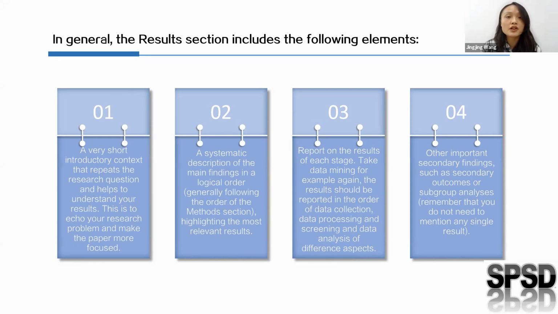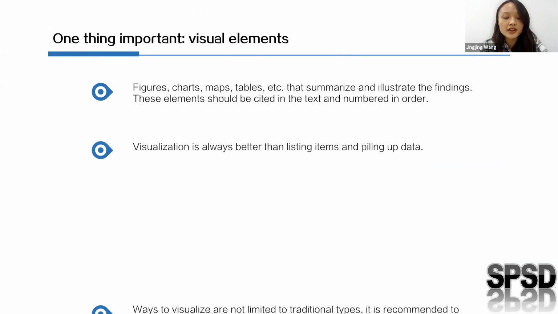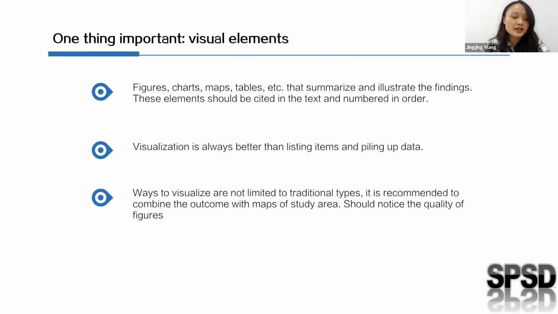Besides these four sections, one important thing is the visual elements, such as figures, charts, maps, and tables. These things can summarize and illustrate the findings. These elements should be cited in the text and numbered in order. So figures and tables should be able to stand on their own.